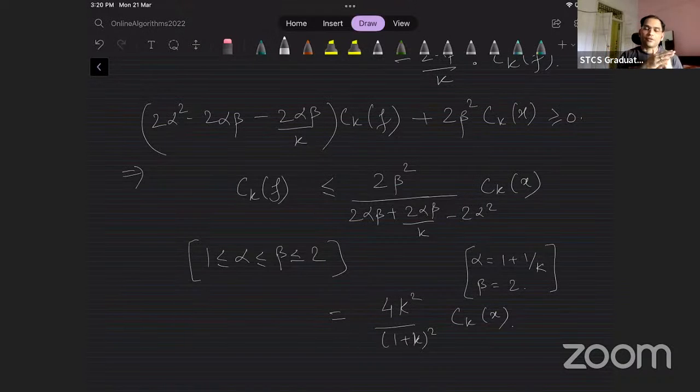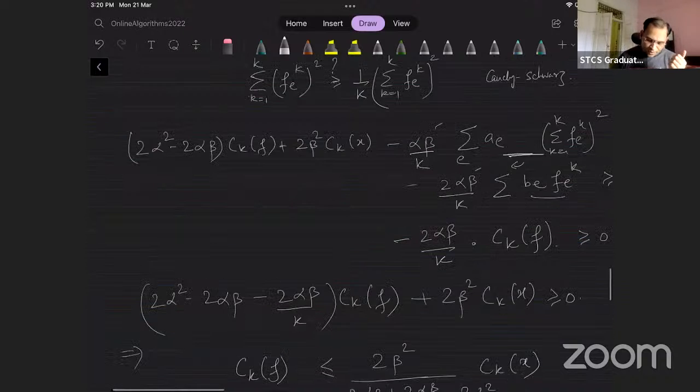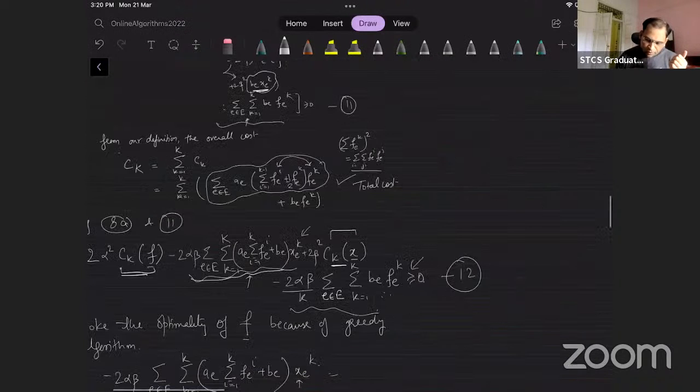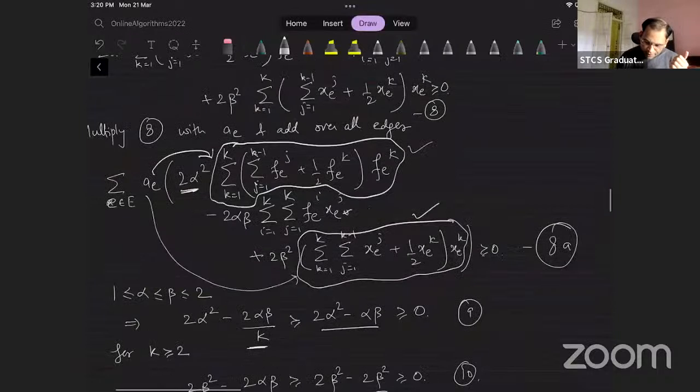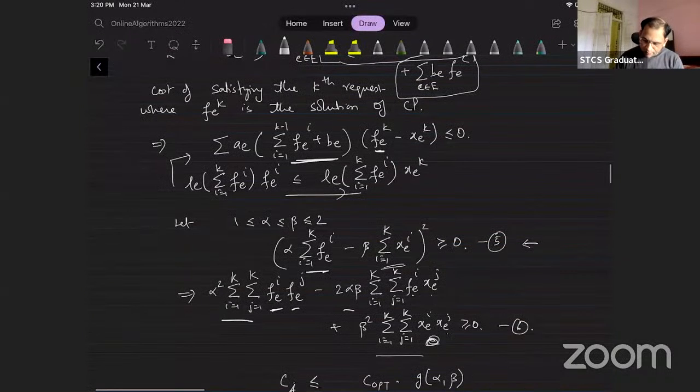But given the local solution, I have no comparison against the global solution. So that is the first important thing. And the second important concept, which I think is useful in a much larger setting, is this whole idea of starting with this kind of equation.